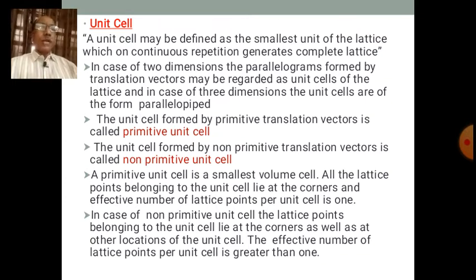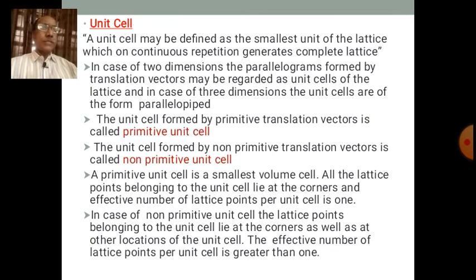It is the smallest part of the lattice which, if you go on repeating that pattern unit, will generate the complete lattice. That type of pattern unit is called a unit cell. In case of two dimensions, the parallelograms formed by translation vectors may be regarded as unit cells.